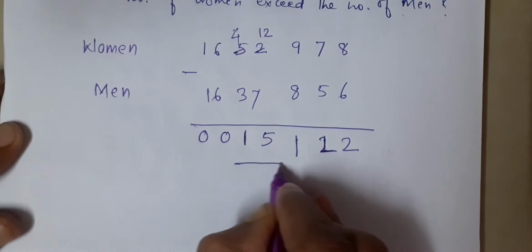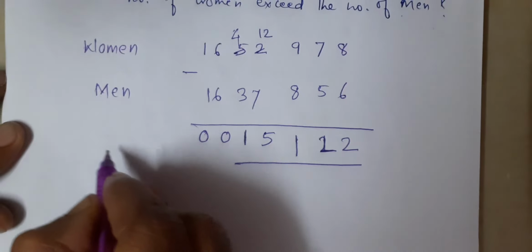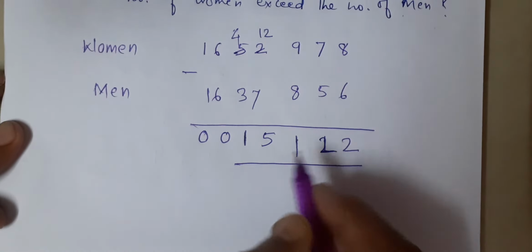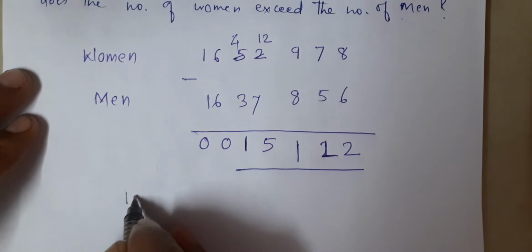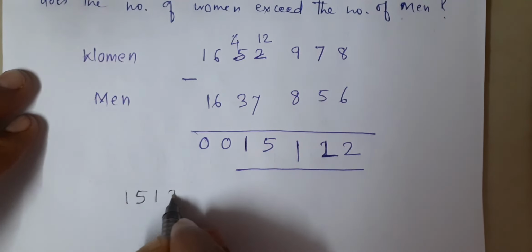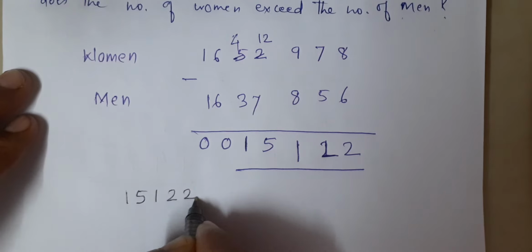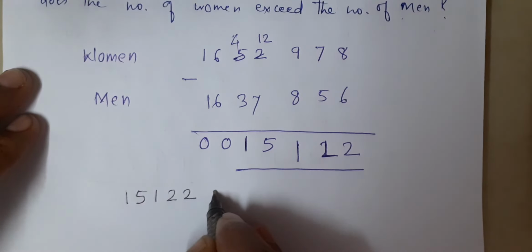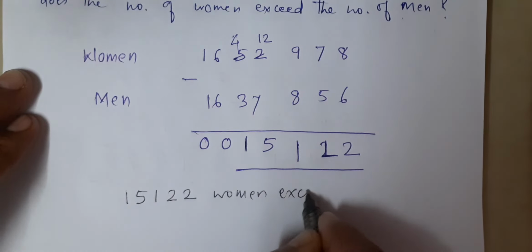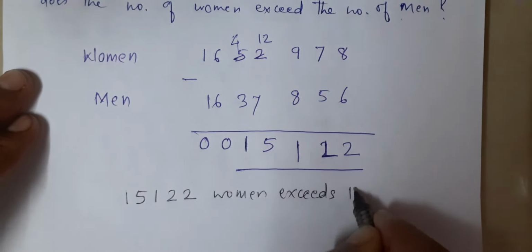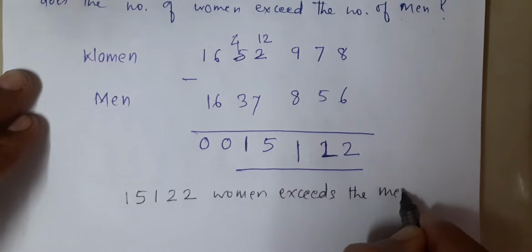So that much quantity is 15,122. So 15,122 is the number by which women exceed the men.